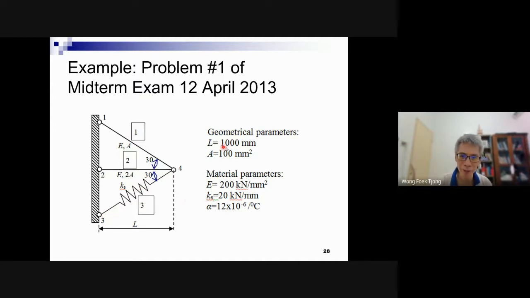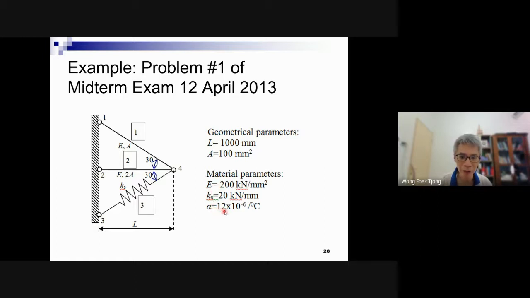All have the data: length is 1 meter, cross-sectional area is 1 square centimeter or 100 square millimeter. The modulus of elasticity is for steel, made from steel. So this is E and alpha for steel.